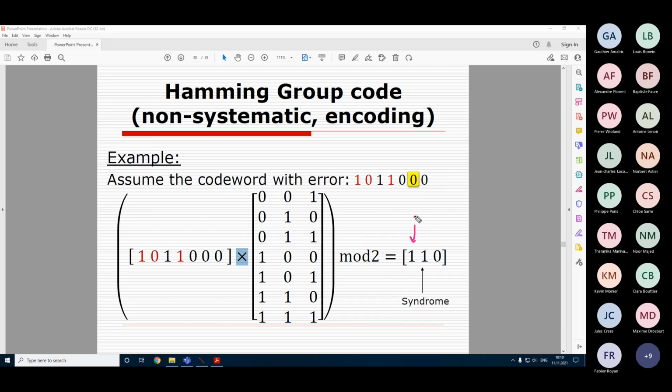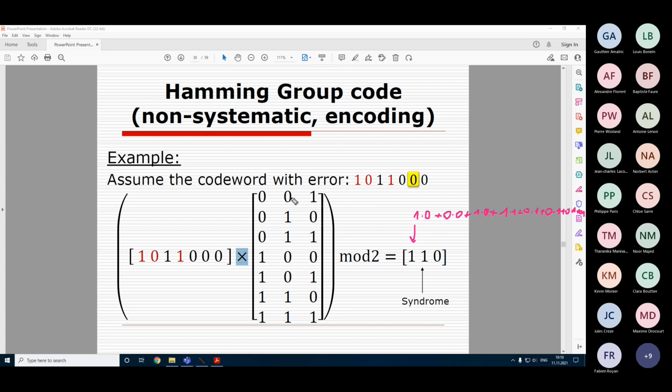So we have this 1 multiplied with 0 plus 0 multiplied with 0, usual matrix multiplication, yes? 1 multiplied with 0 plus 1 multiplied with 1 plus 0 multiplied with 1 plus 0 multiplied with 1 plus 0 multiplied with 1 plus 0 multiplied. Well, in this particular case, it's strictly 1 and it's okay, yes.